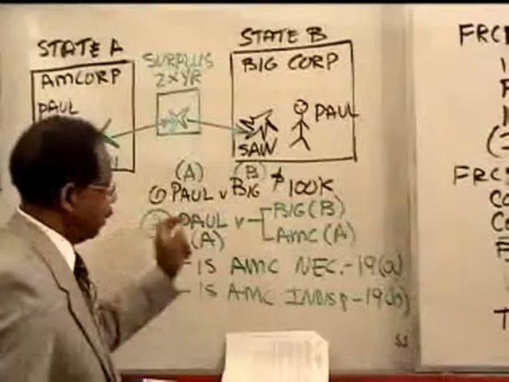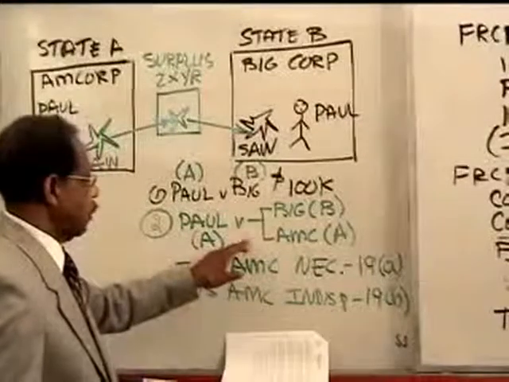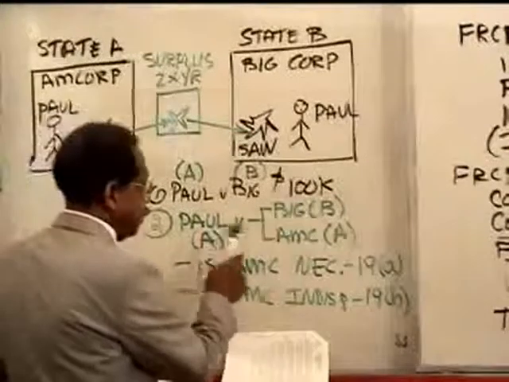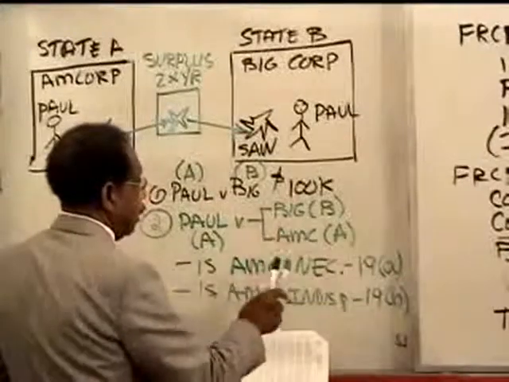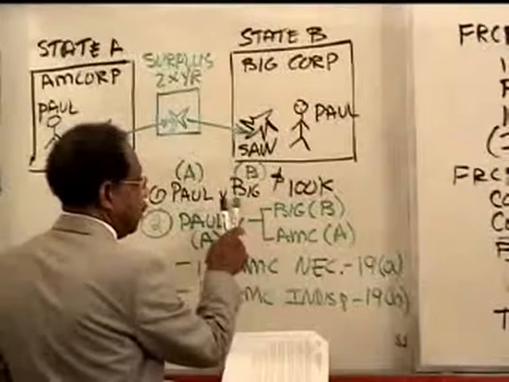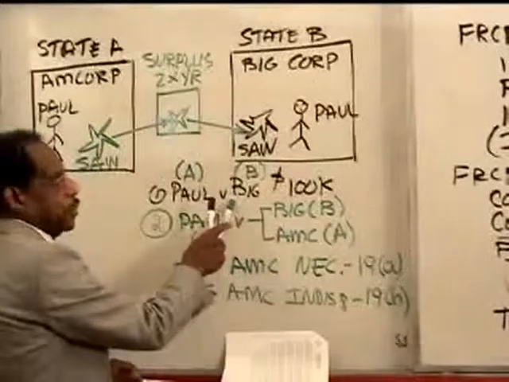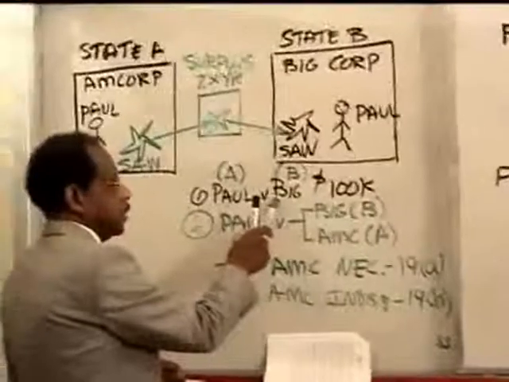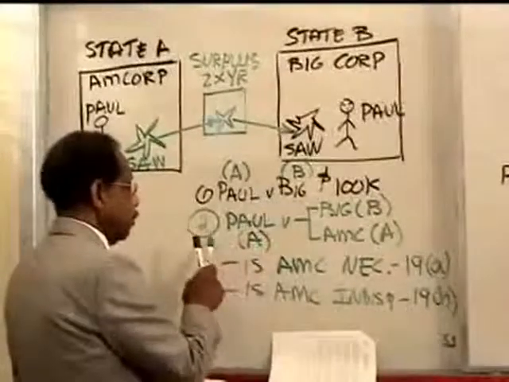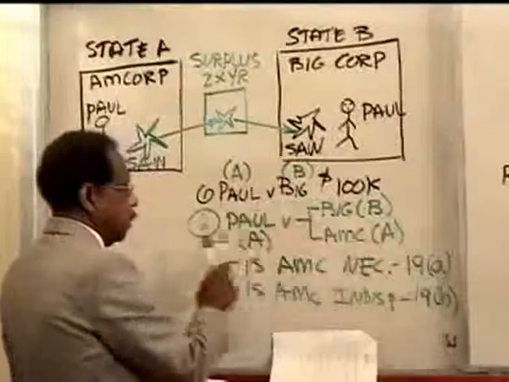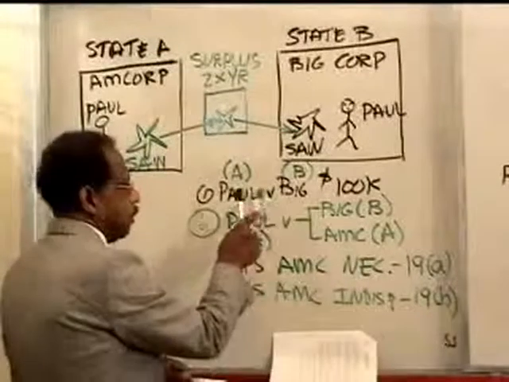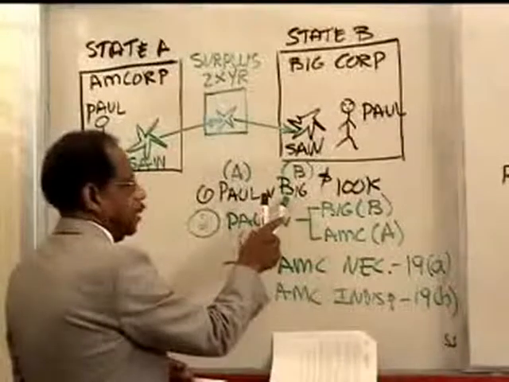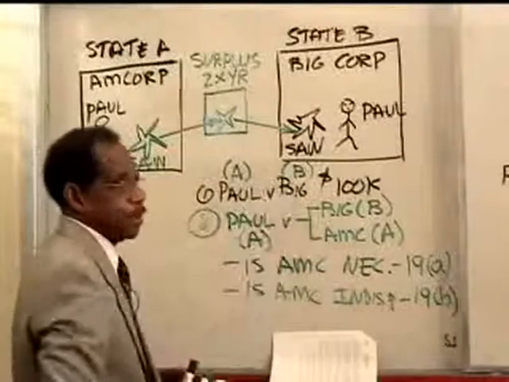Paul can't amend the complaint this way, and so the court probably should have dismissed this amended complaint and just left the original complaint against Big Corp, because even though Big Corp is complaining they may be subject to inconsistent recoveries, they can fix that by just impleading M Corp. So the answer is the court should have dismissed this suit because of the diversity problem, but they should have left the original suit, and Big Corp is complaining, but Big Corp can fix the problem. Let's take 10 and pick it up from there.